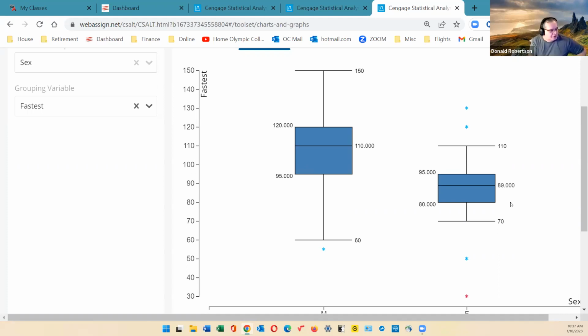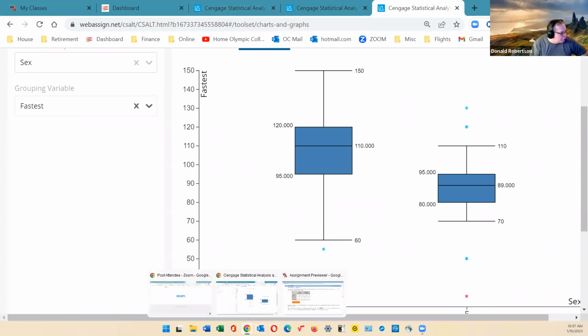What that tells me is that aren't the males much more variable in their speed, right? There's a lot of variation in how fast they go. And aren't women much more tight, more consistent? And so all of those features, those pictures tell me an awful lot about what's going on.